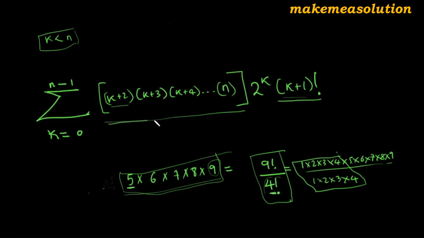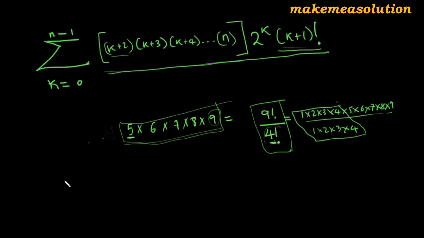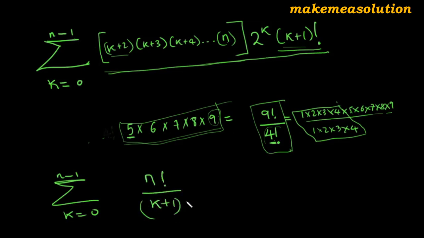So do you know that the whole of this particular thing here is still the same thing as someone saying summation k equal to 0, then n minus 1. The whole of this thing, since the highest number is n, is still the same thing as saying n factorial divided by k plus 1 factorial. Because when we spread n factorial until we reach k plus 2, then k plus 1 factorial, we'll now be left with what you have over here.